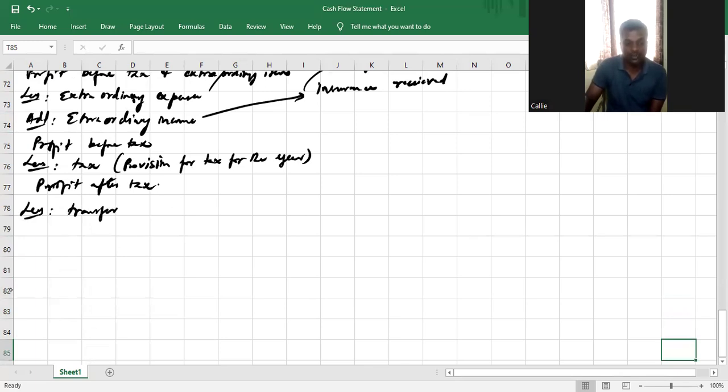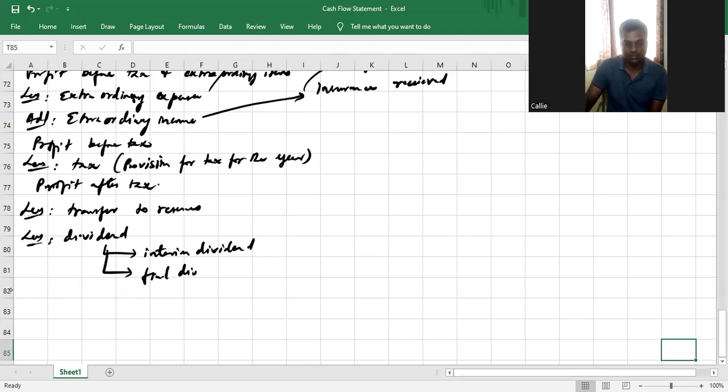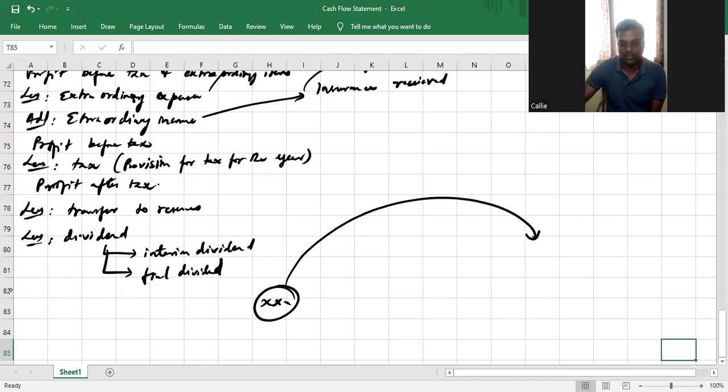So you transfer a certain portion of profits to reserves, and then you pay dividend to your shareholders. Dividend might be interim dividend, final dividend. And whatever amount is left after that is taken to your balance sheet.